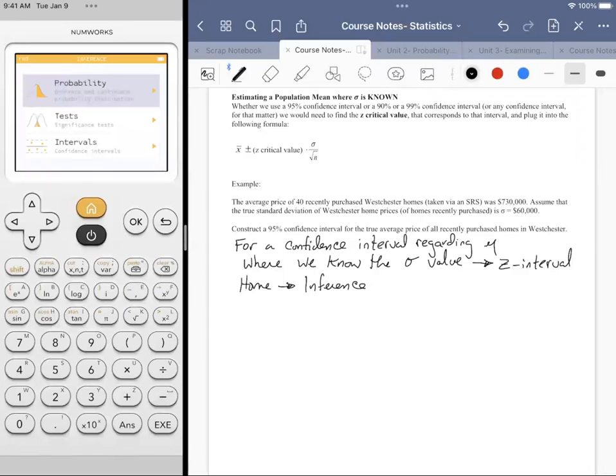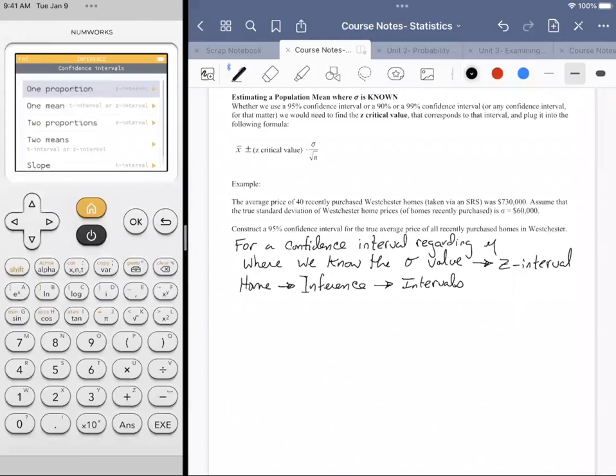The one we want is the intervals. And you see below that, it says confidence intervals, so it's kind of nice. Gives you a little reminder. Although the word interval probably is enough, but you never know.